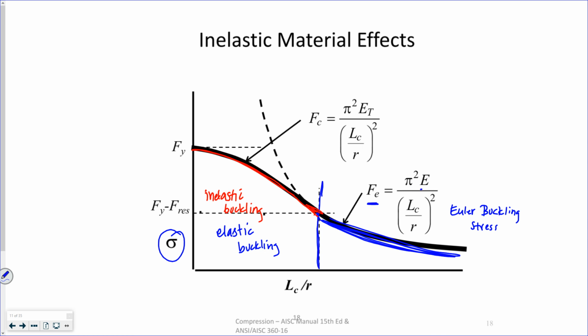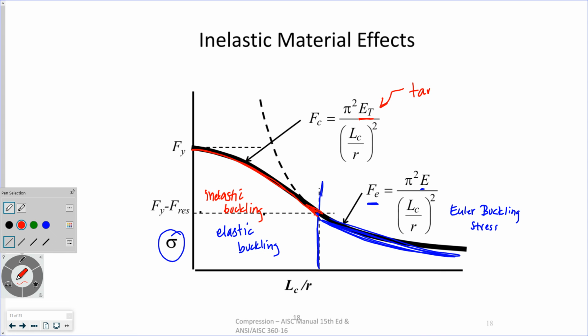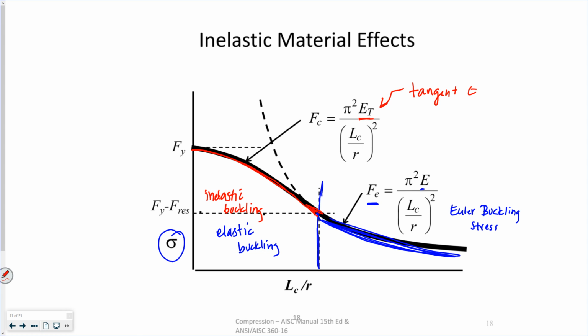Now I've replaced that E with our tangent modulus to get my curve corresponding to inelastic buckling, because I have this tangent elastic modulus that incorporates yielding within the cross section.